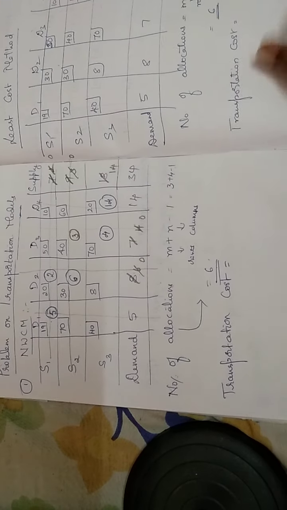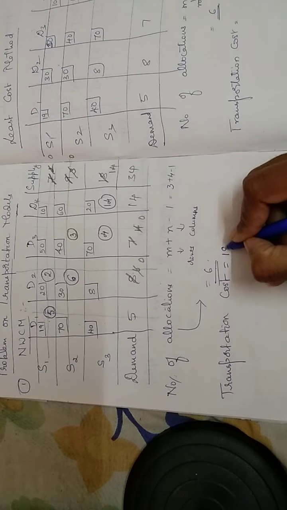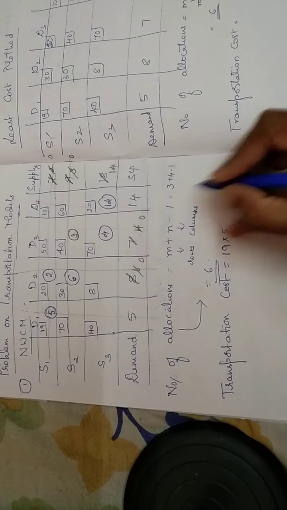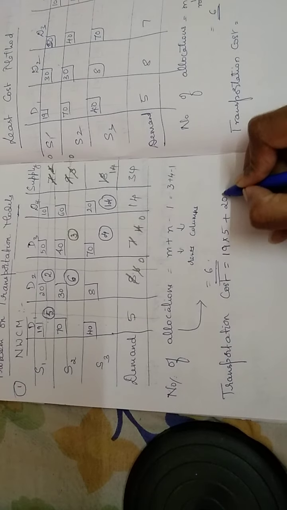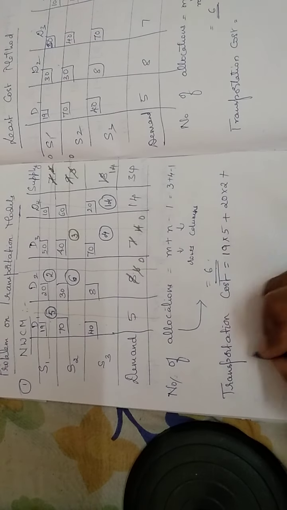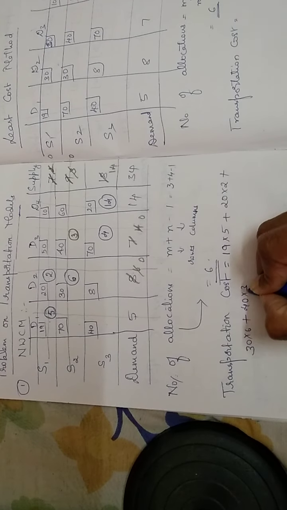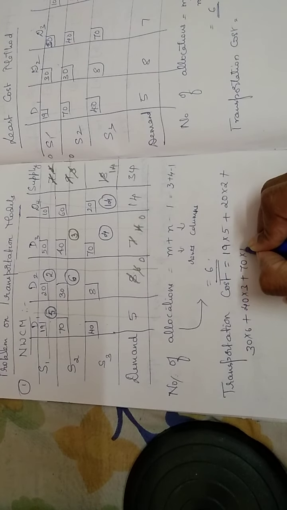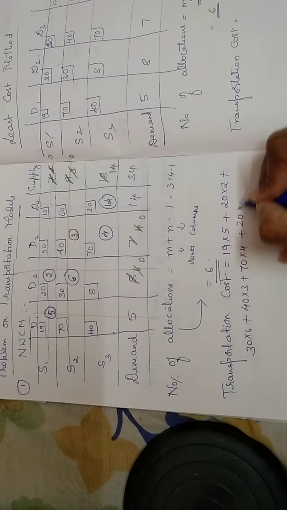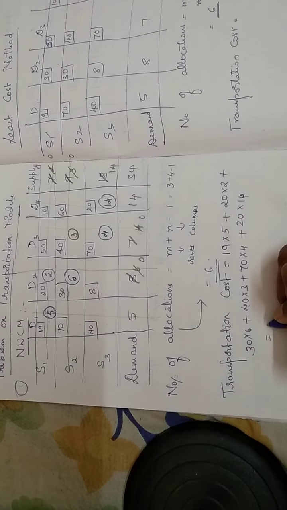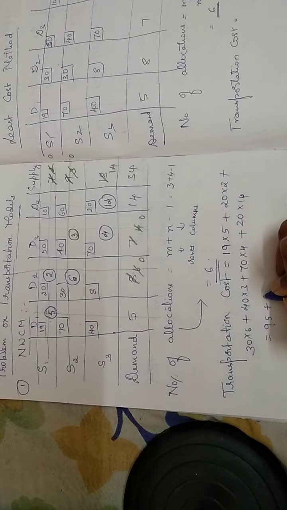Now let us work out the transportation cost. So 19 into 5. 19 is the cost and 5 is the unit supplied, plus 20 into 2, plus 30 into 6, plus 40 into 3, plus 70 into 4, plus 20 into 14. So this will be 95 plus 40 plus 180.